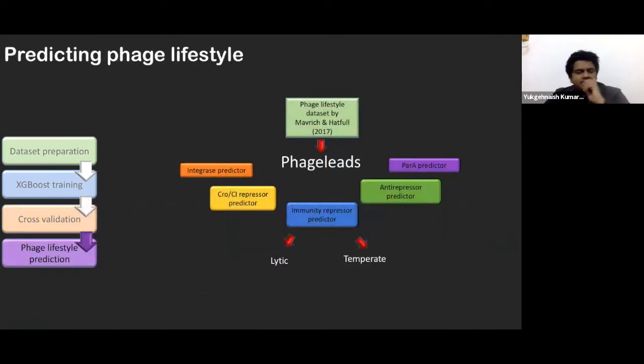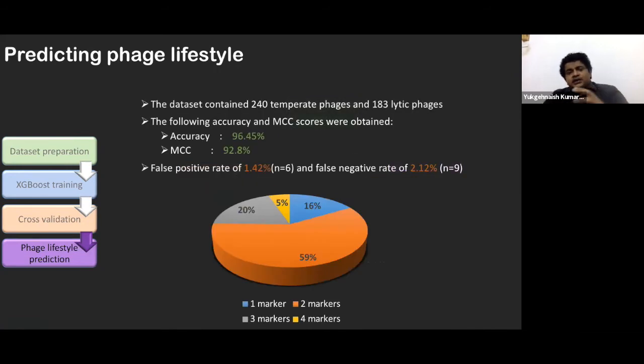And after the creation of the final predictor, what we have done is we collected the data from the phage lifestyle data set by Maverick and Headful, and we tested them using our PhageLeads predictor to test whether we are able to predict their life cycle, either lytic or temperate phages. Now in the data set, they had 240 temperate phages and 183 lytic phages.